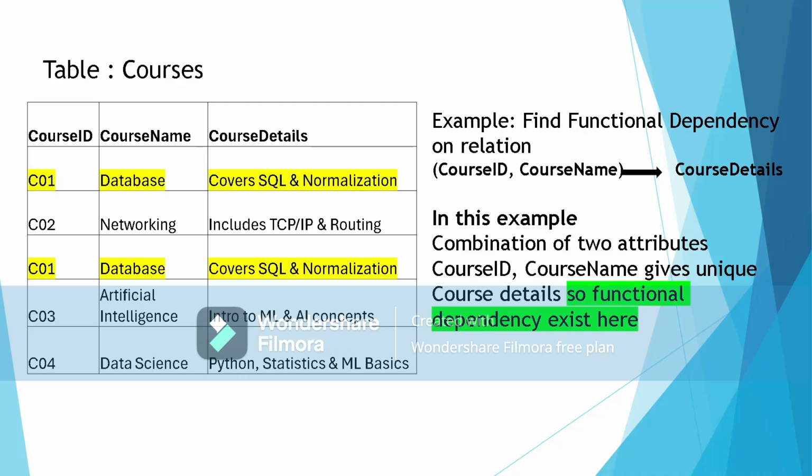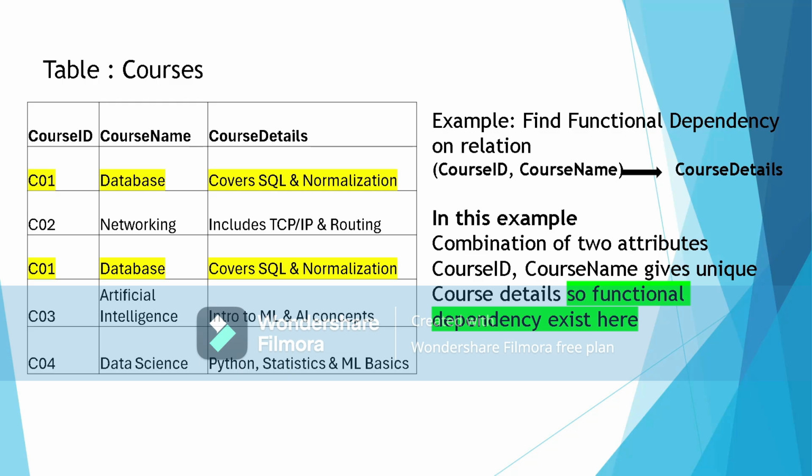By using a combination of attributes also we can find out the functional dependency. Let's take an example for it. First consider this table. In this table course IDs are given, course names are given and course details are given. Now the given relationship is course ID and course name together gives course details.